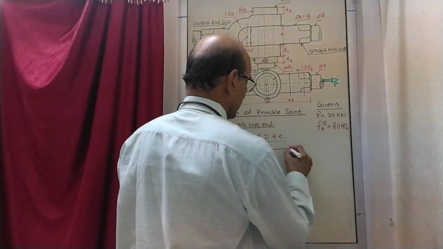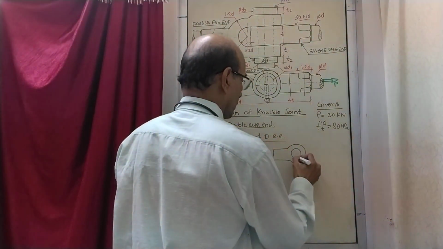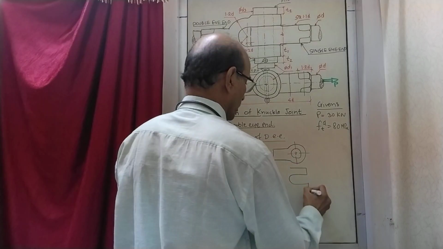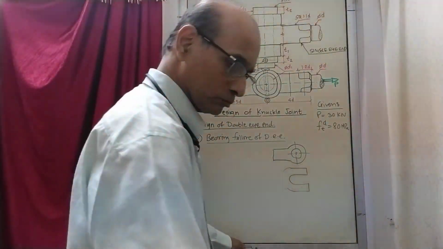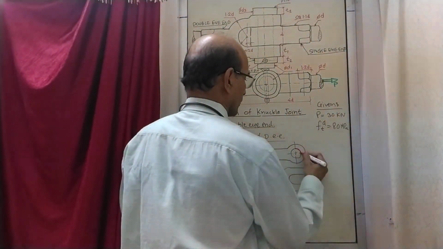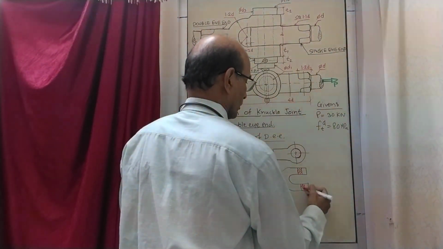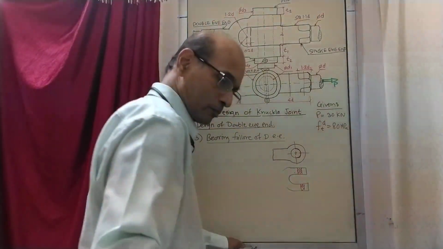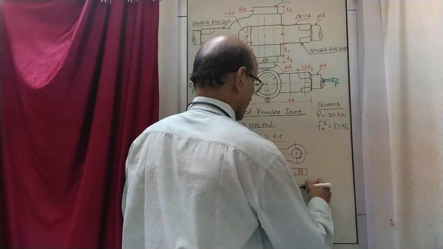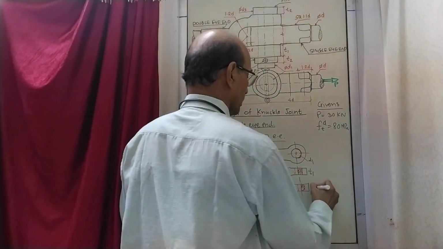So the sketch comes like this. Okay, so this is D1, this is T1, this is T1.